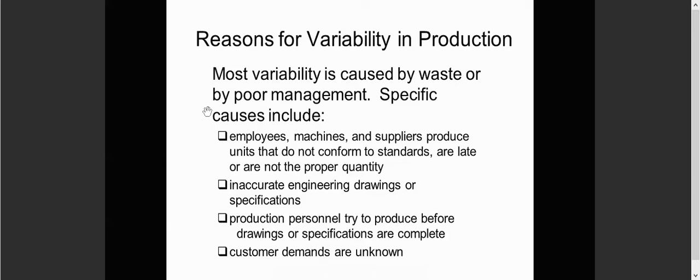And the last reason why variability occur in the production process is due to the uncertainty or unknown demand from the customer.